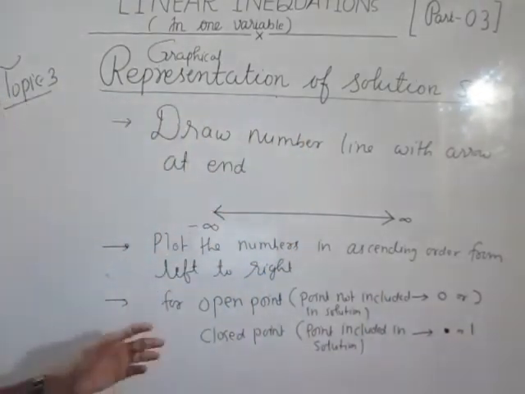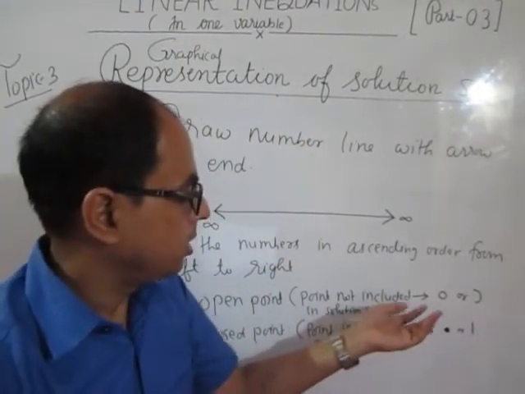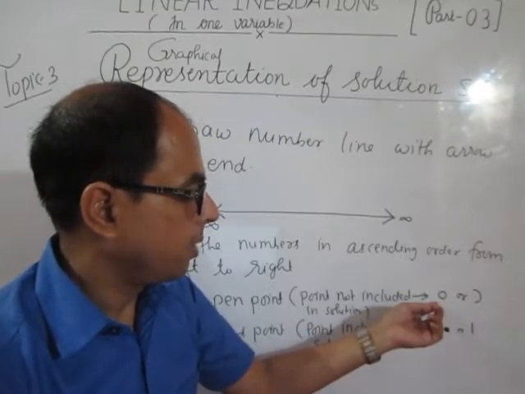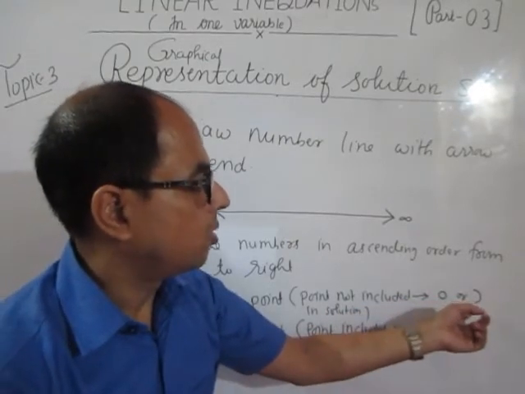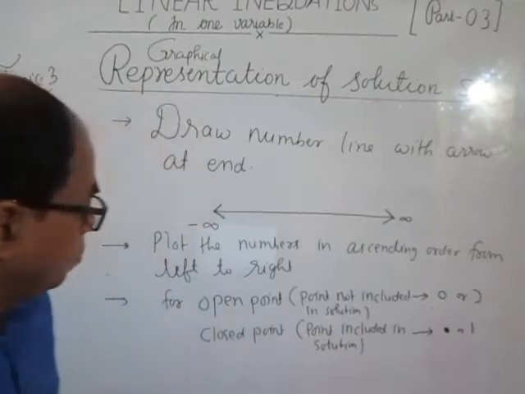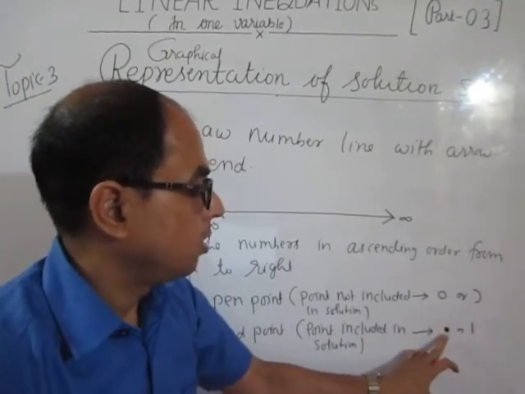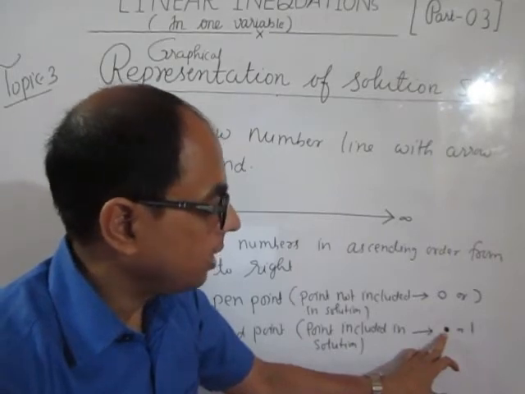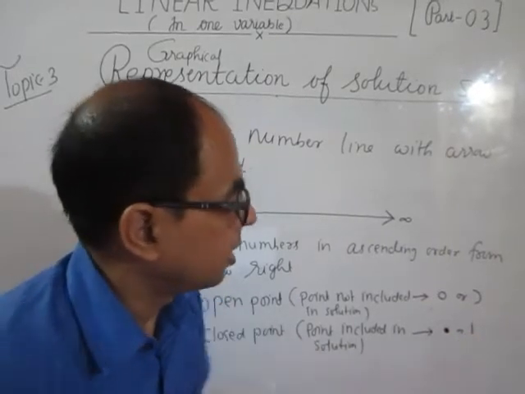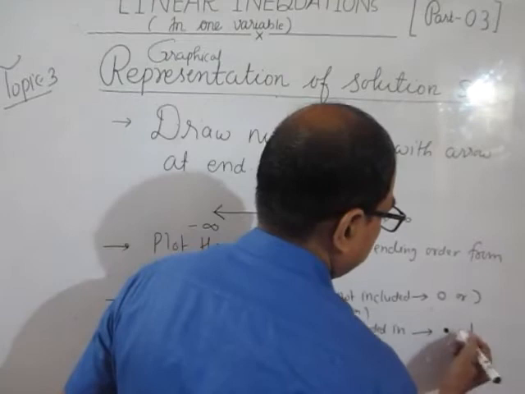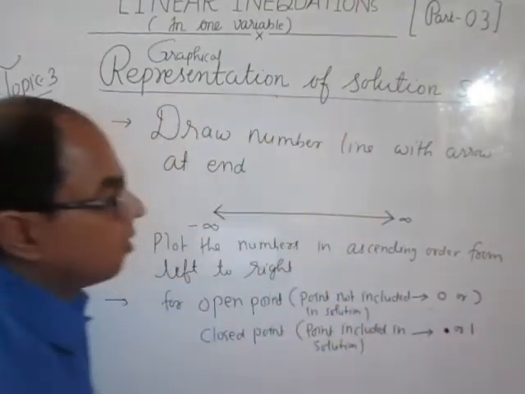So for open point we have two choices: empty ring or curved line. For closed point, we have two options: solid ring or vertical line.